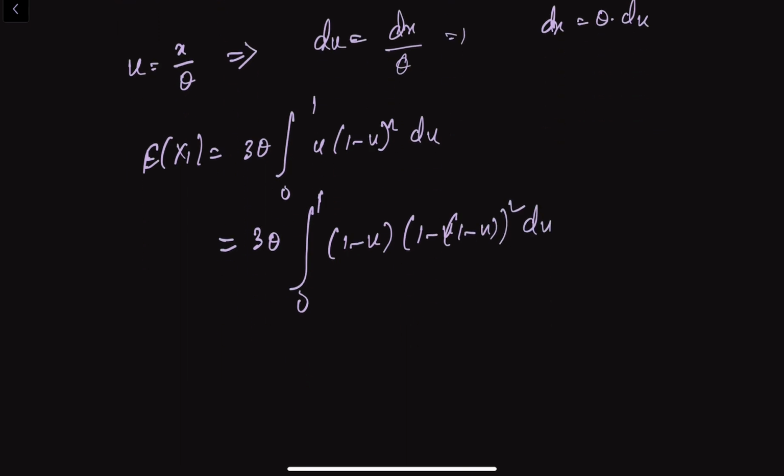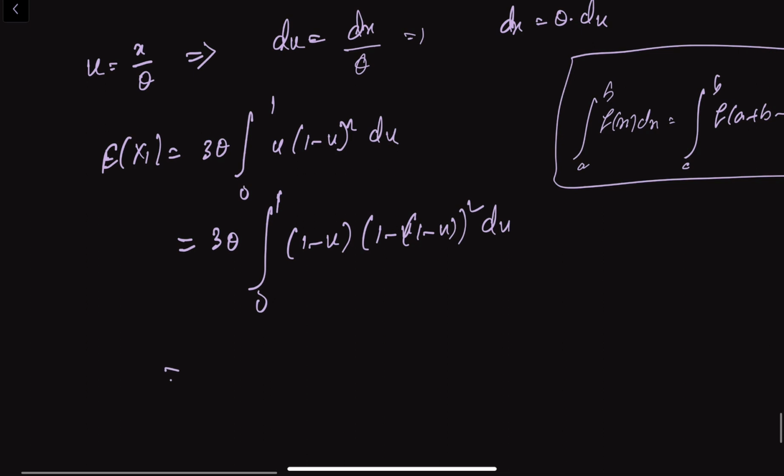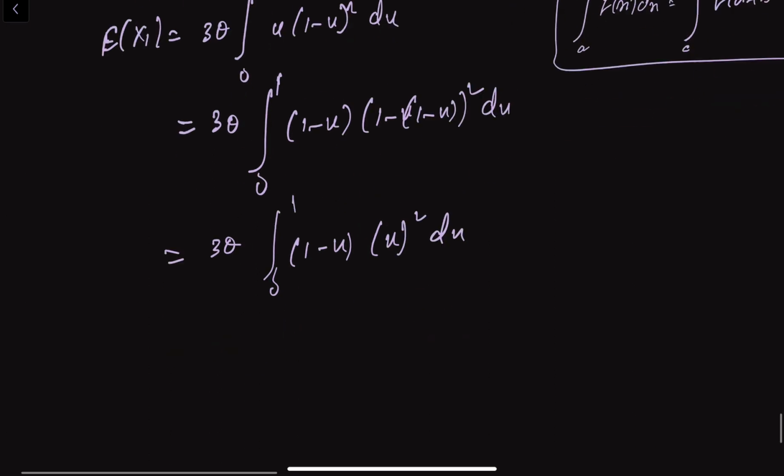Because the integral from a to b of f of x dx is the integral from a to b of f of a plus b minus x dx, I'm using that here. So this would be 3 theta times the integral from 0 to 1 of 1 minus u into 1 minus of 1 minus u, that is u square, du.